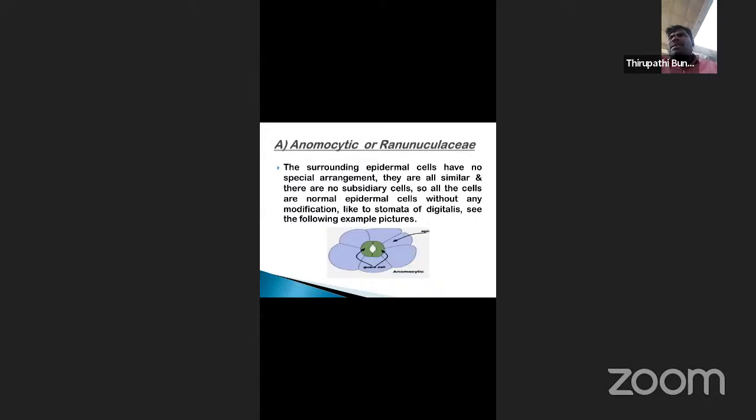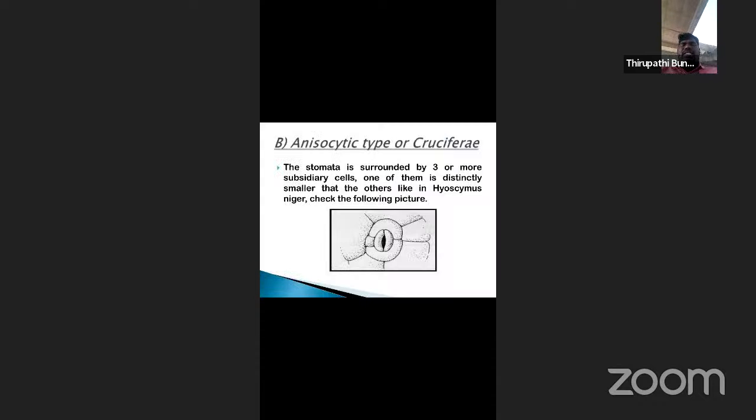Next, the second one is anisocytic. Anisocytic stomata are surrounded by three or more subsidiary cells, where one is smaller than the others.